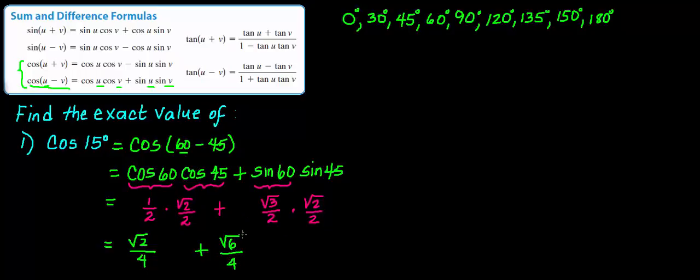So my answer to the cosine of 15 degrees is equal to the square root of 2 plus the square root of 6, everything over 4. And this is your final answer.